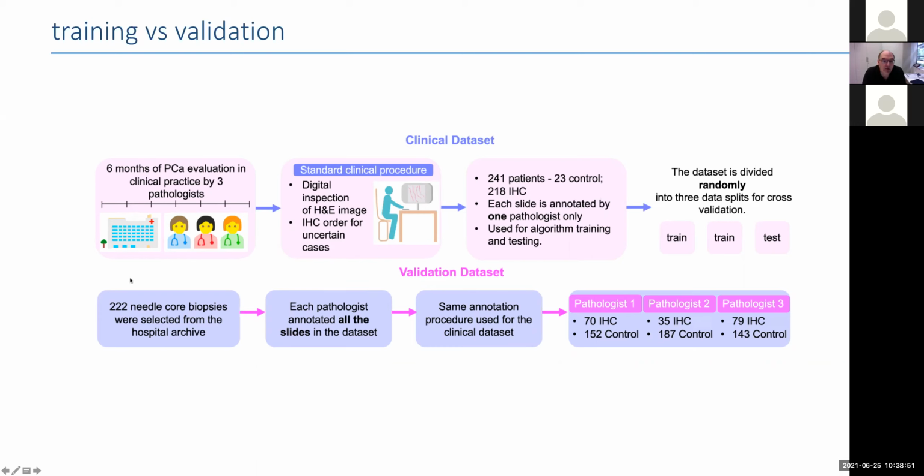And then for validation, we had 222 needle core biopsies that were selected from the recent hospital archive, and we did the prediction and compared to 3 pathologists, where each pathologist annotated all the slides.